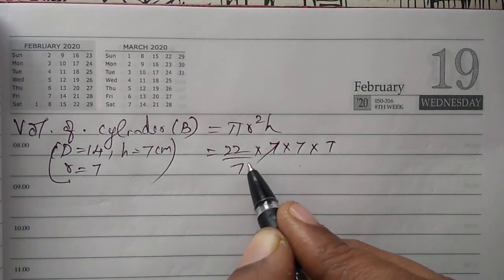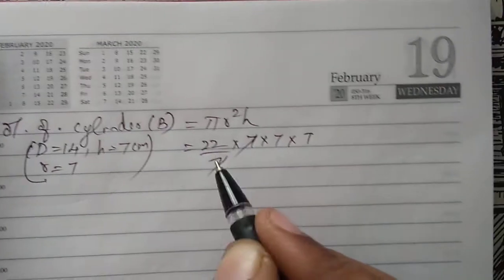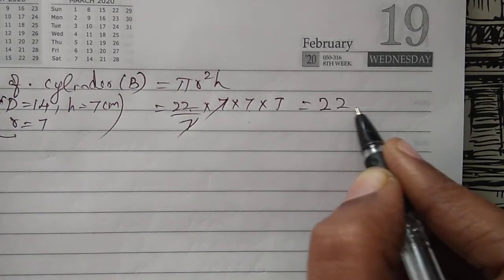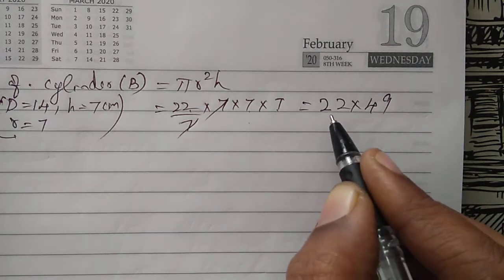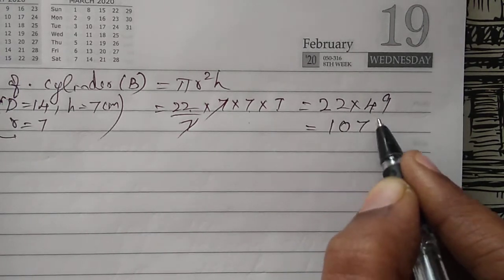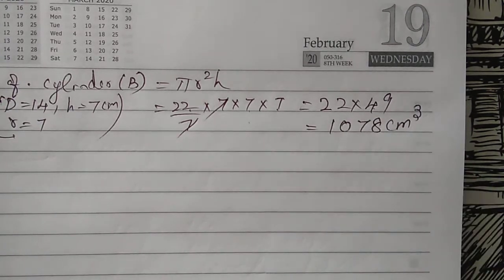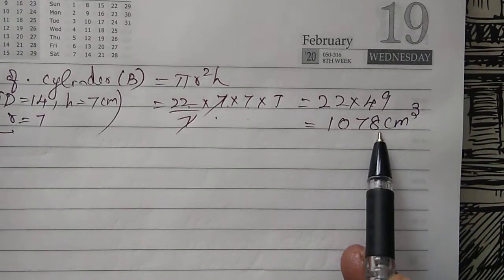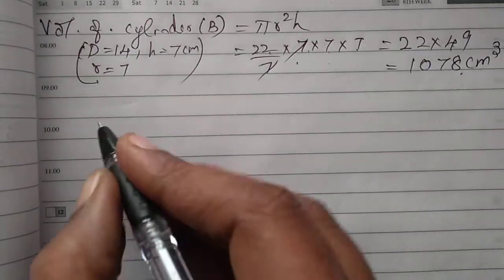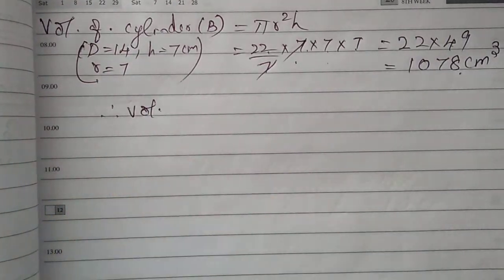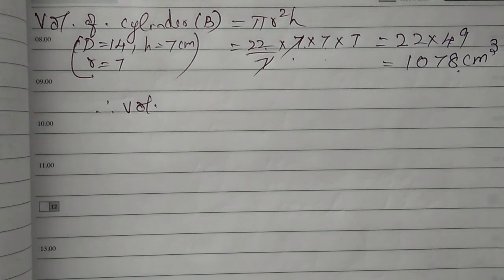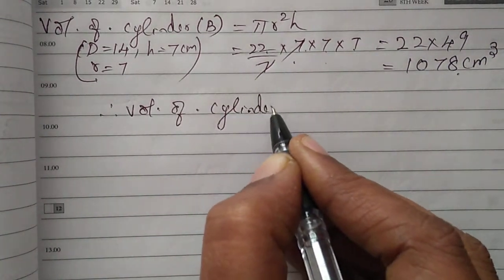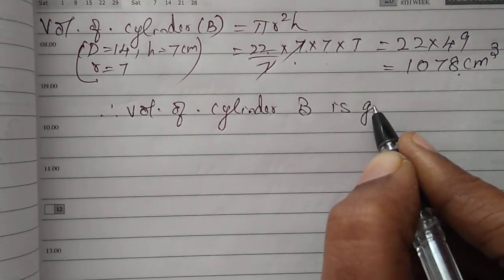Now we cancel 7 and 7. So we have now 22 into 7 into 7. 22 into 49 gives you 1078 centimeter cube. So as we said, when the radius is greater, squared, it has the greater volume. So we proved, therefore, volume of cylinder B is greater.